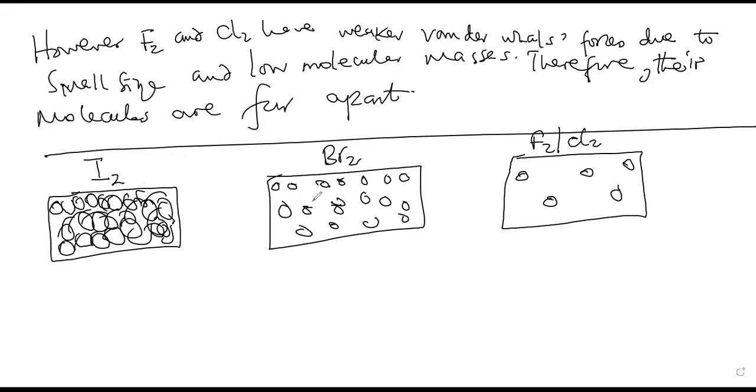That's why this one forms a liquid. But for fluorine and chlorine, the molecules are highly spaced or far apart from each other, simply because of the low molecular mass and the small size. And therefore, the forces of attraction holding these particles are not as strong as the ones in bromine and iodine. That is how you can put it.